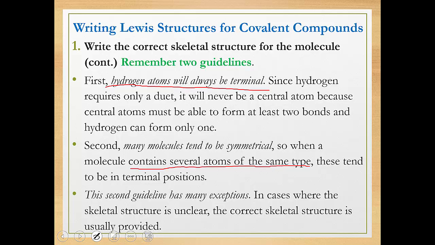The least electronegative tends to be the central atom. So if you had carbon, oxygen, and chlorine in a structure, the carbon is the least electronegative. It's the furthest away from fluorine moving across, so it would tend to be in the center with the other elements around it. But if it's unclear, generally you'll be given a skeletal structure.